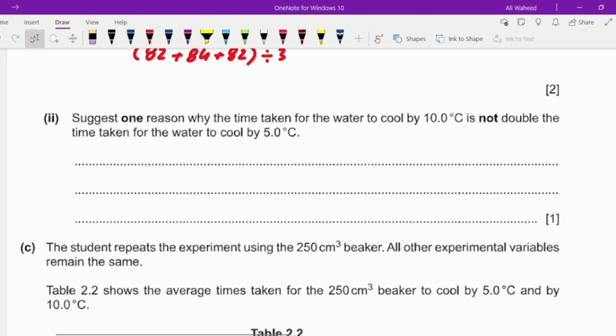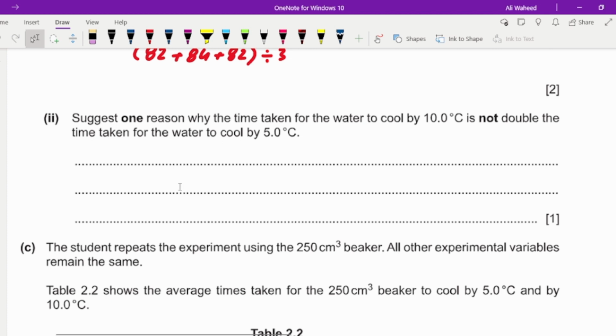And the simple reason is because the rate of cooling of the liquid depends on the initial temperature as well. The higher the temperature, the rate of cooling would seem to be faster, because there would be more difference between the temperature of the water and the room temperature. And when the temperature of the hot water drops, it approaches pretty much the same as room temperature, the rate of cooling would slow down.